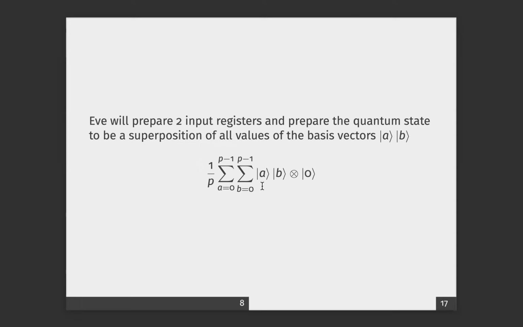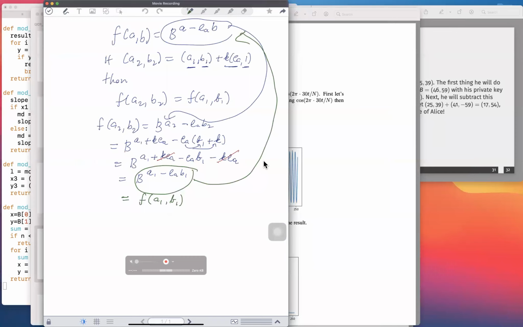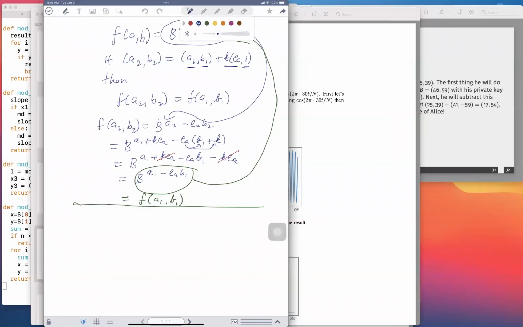And if you remember superposition, let me give you a review. If you have an input register with, for example, three qubits, and you want to make a superposition out of this, what you will do is apply the Hadamard transform to each of the three separately.